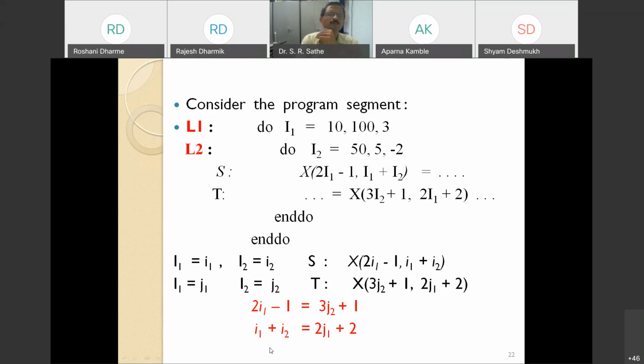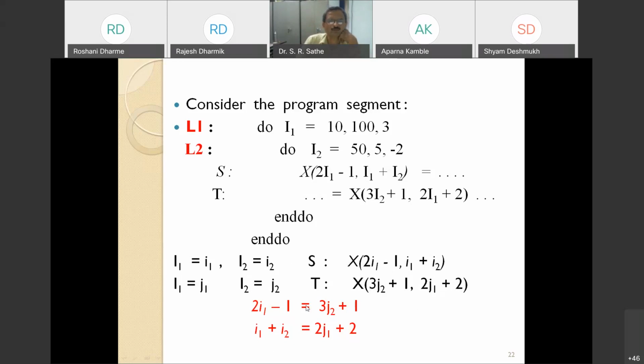Suppose there is a dependence between these two. There can be a dependence between these two with respect to iterations i1, i2 and j1, j2 if both X references that I have written refer to the same memory location. They will refer to the same memory location if their first and second indices match perfectly.